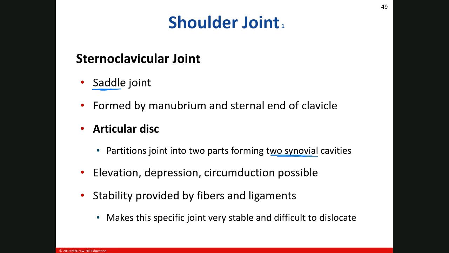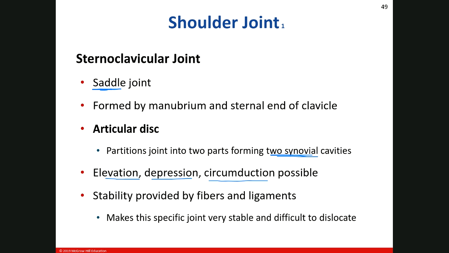When you think about the motions that occur at this joint, elevation and depression are pretty easy to think about, because you elevate and depress your shoulders. This is the one that's always blowing my mind: circumduction.